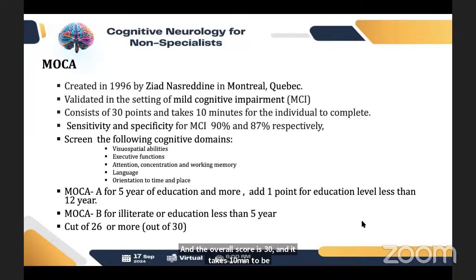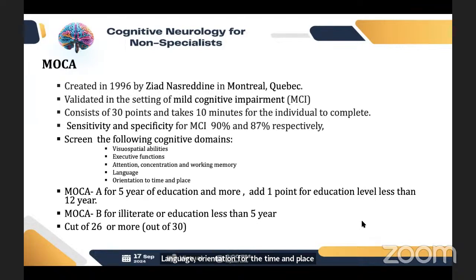What's good about the MoCA is the sensitivity and specificity for patients with MCI, 90% and 87% respectively. One good point about the MoCA is that it screens the following domains: the visuospatial ability, which really matters for patients with dementia and Alzheimer's, and the executive function, attention, concentration, and working memory, language, and orientation for time and place.